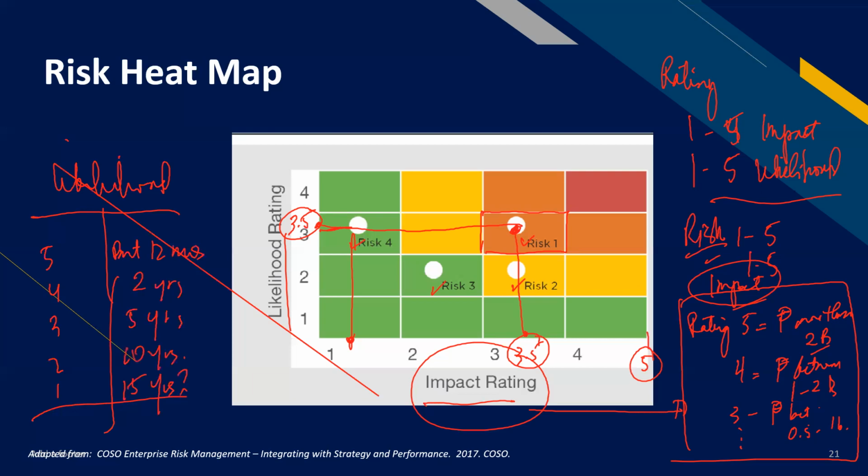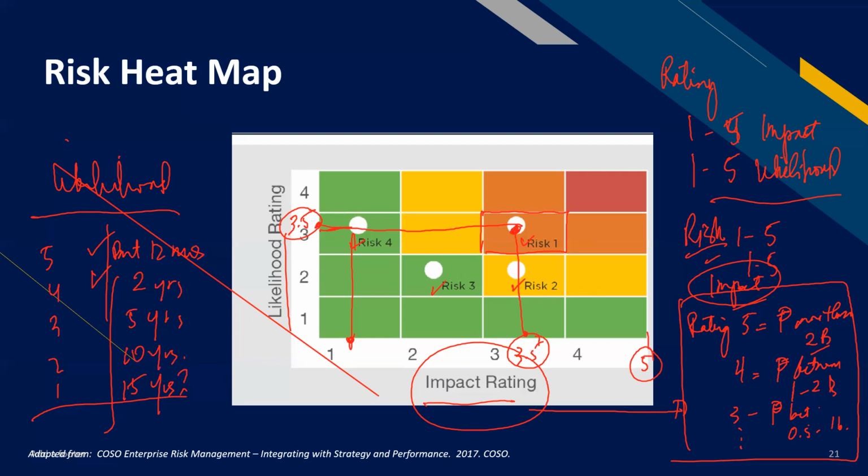No? Those can be ways to quantify the likelihood so that you can plot them. No? Kasi kung frequent siyang nangyayari, right? Like here, then 5 yan. Kung nangyari na yan within the past 2 years, then yan. So that's how you produce those ratings.